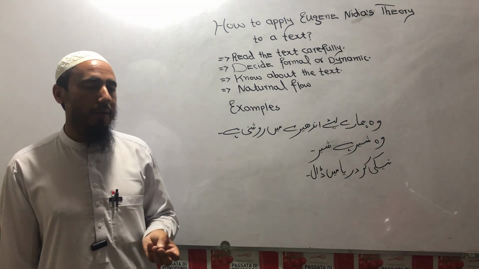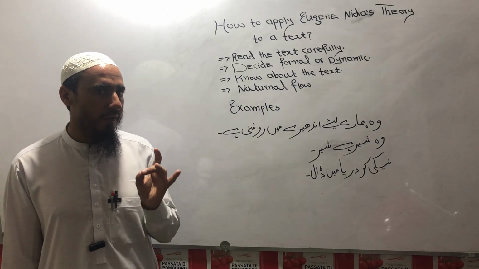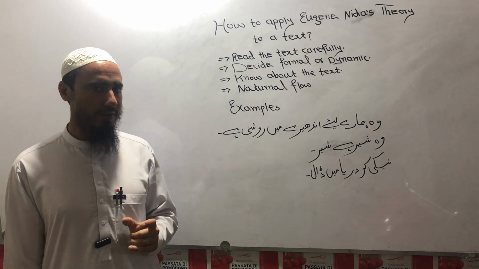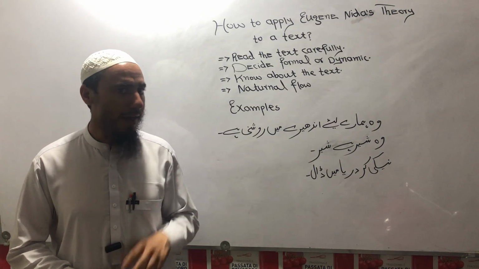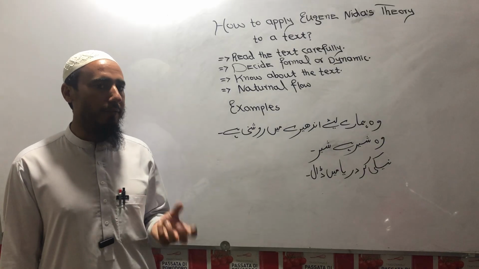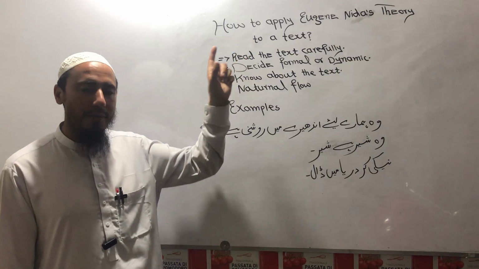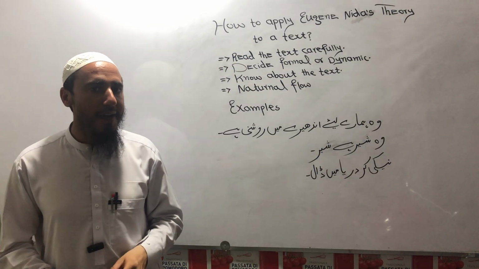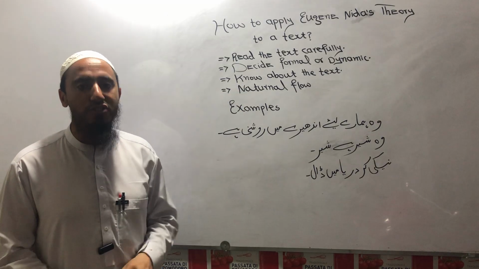Formal equivalence focuses on the style, structure, and form of words, and dynamic equivalence focuses on the meanings and natural flow, and mostly it is used for figurative and idiomatic expressions, while formal equivalence we use for religious and other texts, particularly for legal translation.